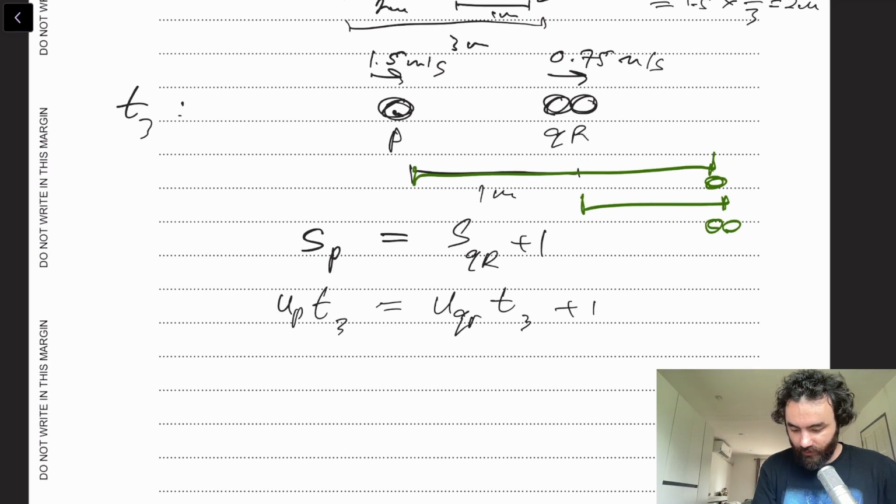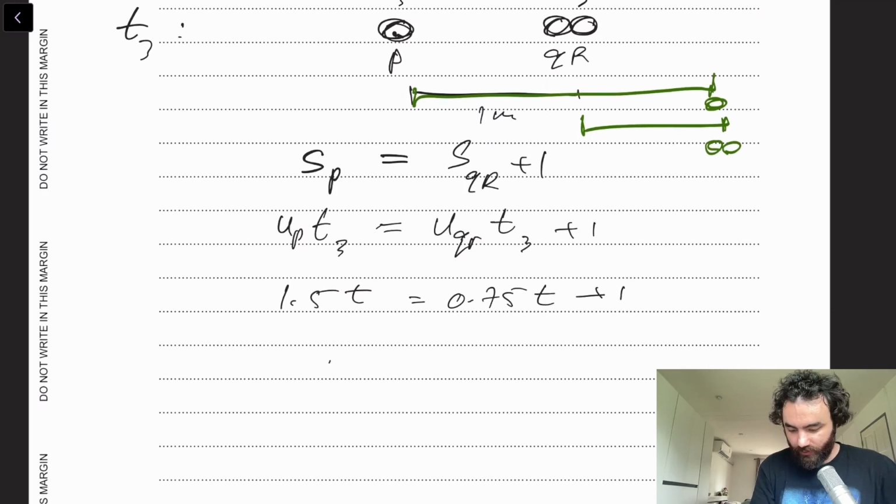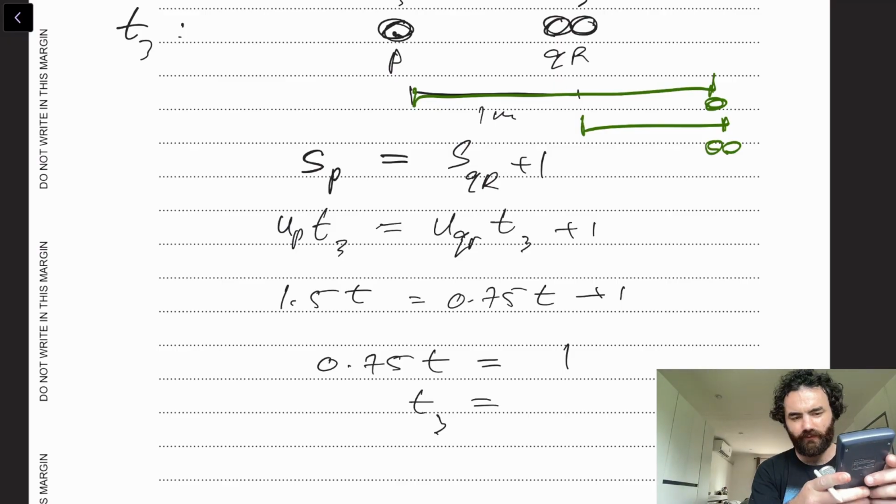So we've got 1.5 T equals 0.75 T plus 1. Take that over, we get 0.75 T equals 1. So T equals 1 divided by 0.75, which equals 4/3 seconds.